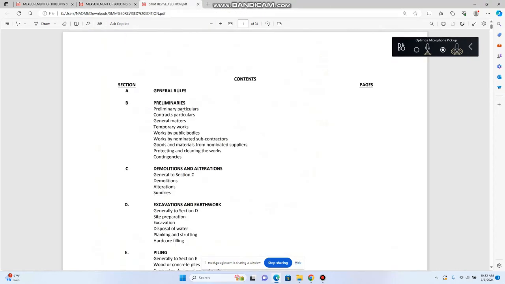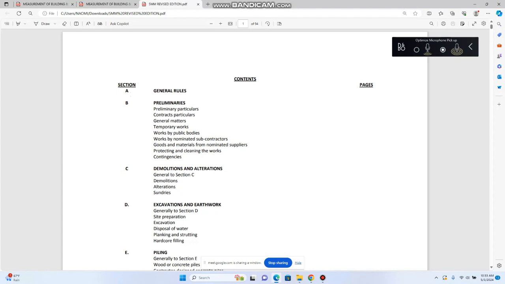So this is the SMM. It is the SMM for Eastern Africa. So in the SMM, we usually have different sections. I hope it is clear. I have zoomed it in a way that you can be able to see. Now, the SMM is usually classified in different sections. We have the section for general rules, the first section A. You see, the SMM is like a constitution.